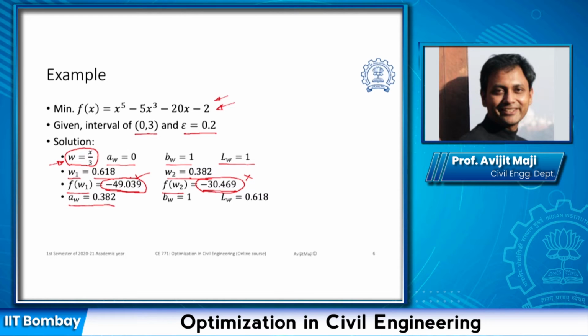We retain the other side boundary. Now the width or the length of the interval is going to be 0.618. Using this we can move to the next iteration. The subsequent iterations, or all the iterations, we are going to show you in a tabular format.